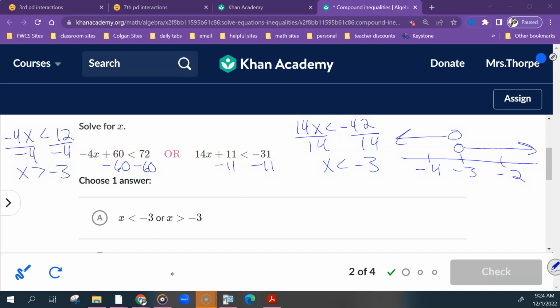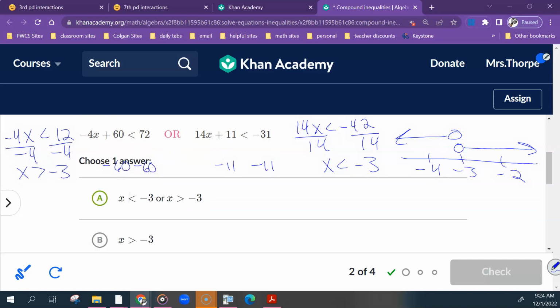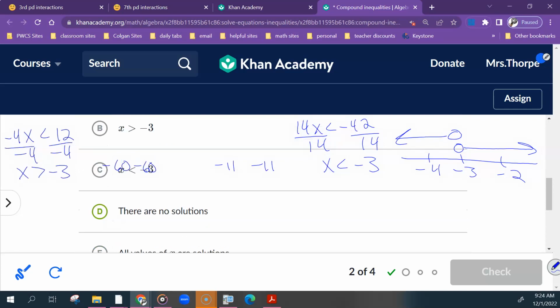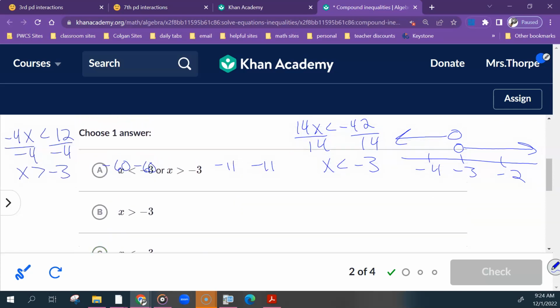We're looking for places where they do not overlap. Is there anywhere where they do not overlap? And this one's a little tricky. I was thinking at 3.